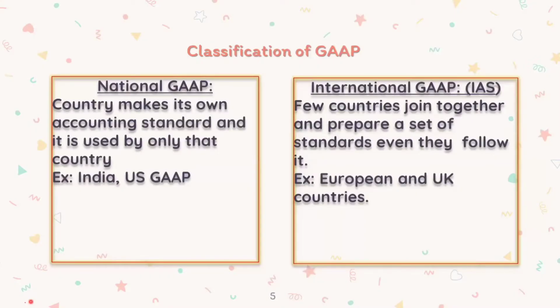Now, let's understand the two classifications. One is the national GAAP and the other one is international GAAP. National GAAP is when a country makes its own accounting standards and they are used only by that country.